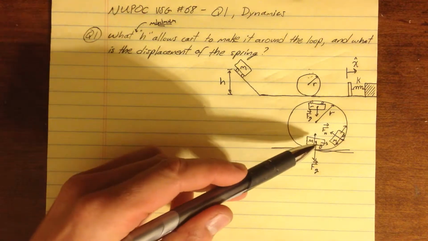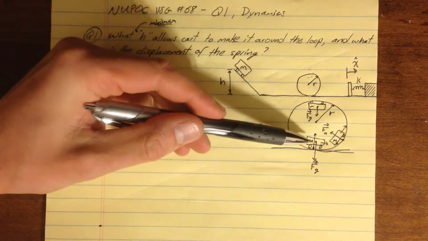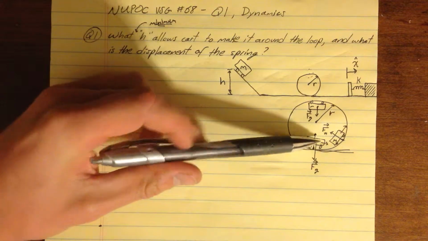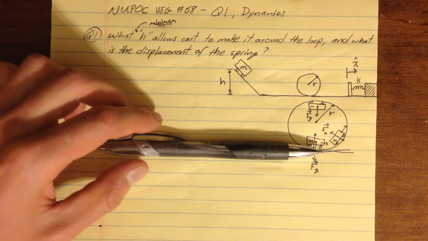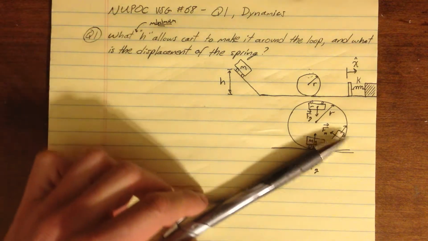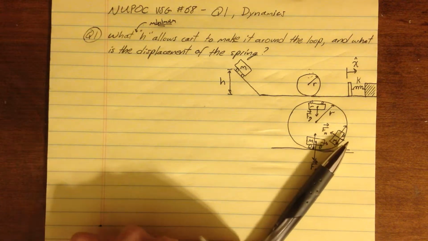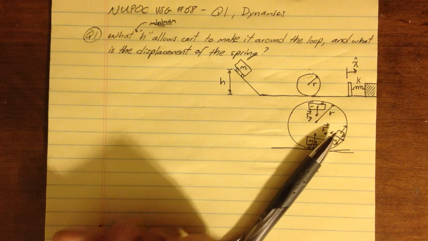Now here you can see that the original velocity vector of the cart when it came into the loop was in this direction, in the direction of my pen. But as it starts to go around the loop, the velocity vector starts to change. After it's gone a little bit into the loop, the velocity vector is like this.